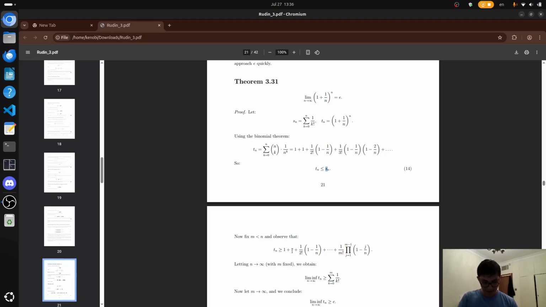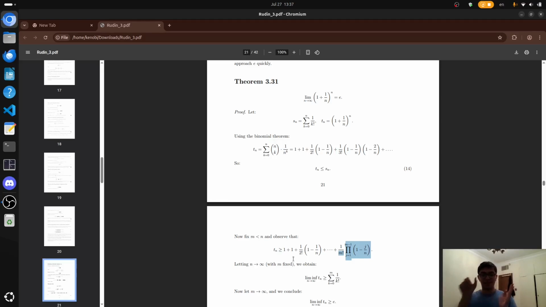Now, if we take n greater than or equal to m, we're going to observe that Tn is going to be greater than 1 plus 1 plus 1 over 2 factorial, etc., all the way to 1 over m factorial, right? Because you're stopping at m when you're supposed to continue to get to Tn.